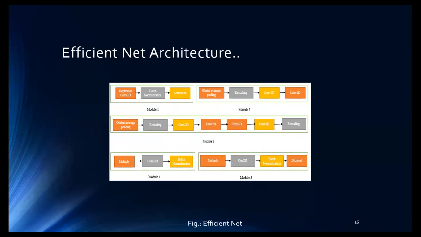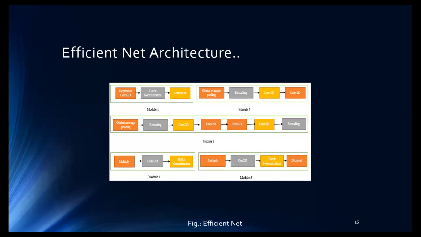It increases the depth, width, and resolution over the old architecture using a function, alpha multiplied by beta and gamma, where the value of alpha is 1.2, beta is 1.1, and gamma is 1.15.